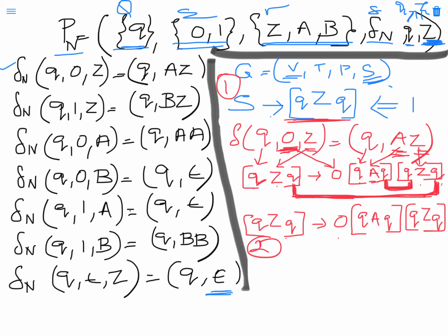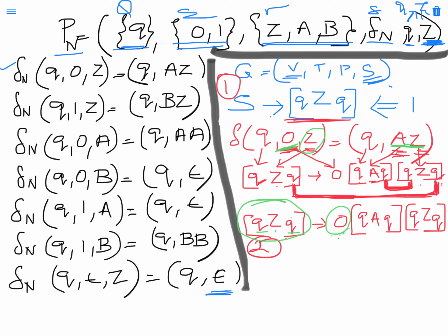So how did you get this production? The variables will be represented using this representation. That is, it will be enclosed within the square bracket, in which the middle element will be the stack variable that is given over here, and the left and right will be the state names. And what is the input that is being read? The right hand side will start with that input terminal, or input symbol, and following that it will have A Z, isn't it?